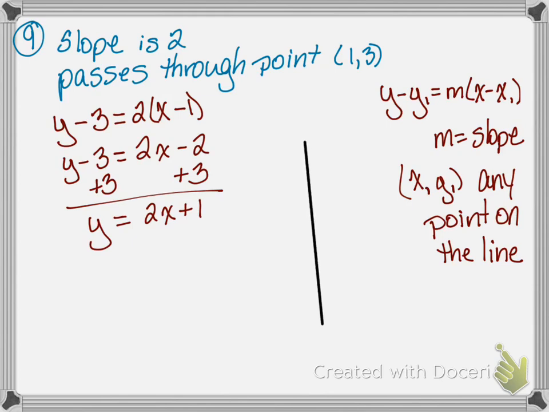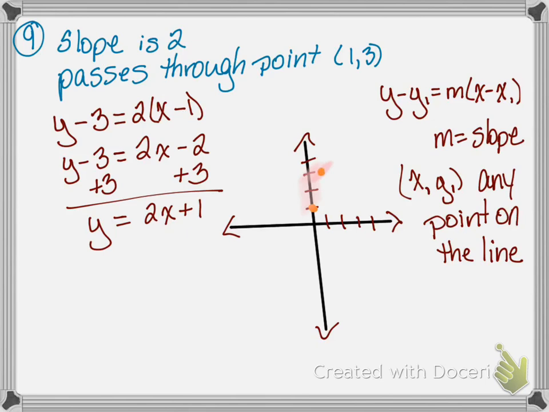So I'm going to do my x and my y axis. That's actually my y axis. Now I'll do my x axis. Okay, and I have 1, 2, 3, 4. Let's see if I can do the line in a different color this time. So I'm going to start at +1 because that's my y-intercept. And then my slope is 2. So I'm going to highlight it. I'm going to go up 2 and over 1.